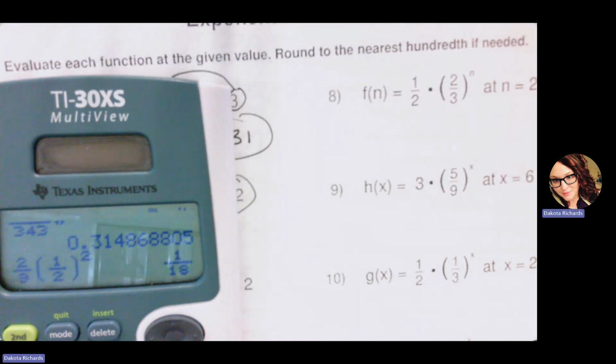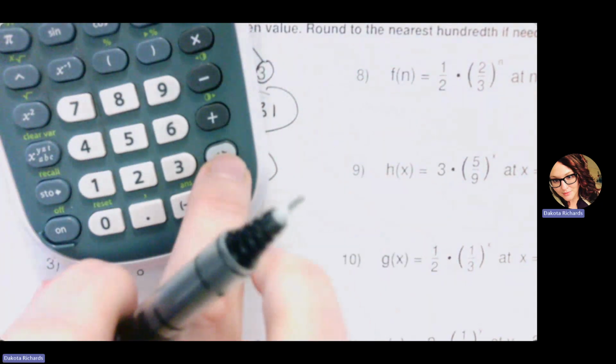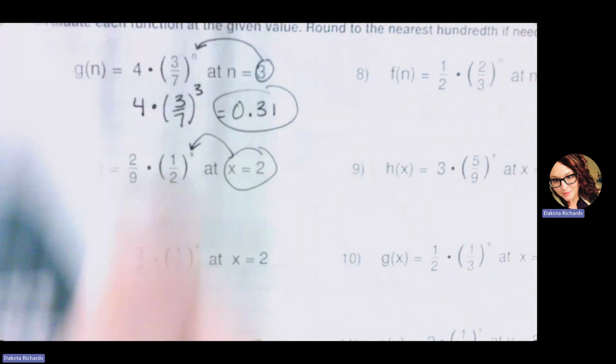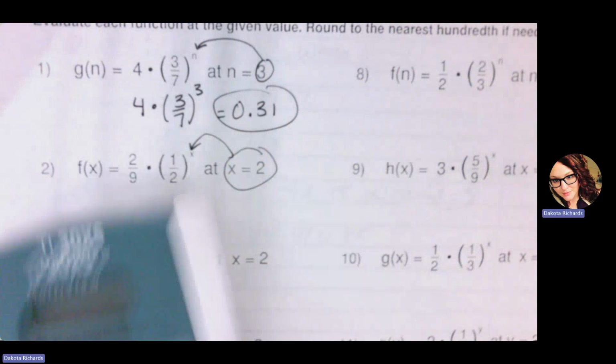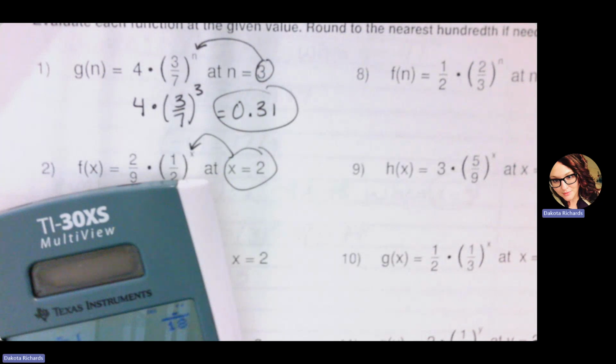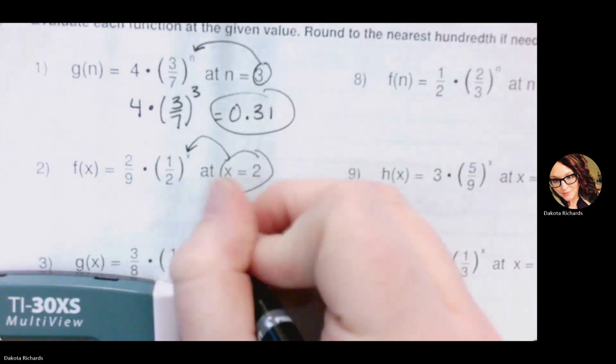You get 1/18, and then you have to remember to press this button right here to get your decimal, and you want to round to the nearest hundredth. Okay, so what do we have here? We have 0.0555555556. Okay, so 55 rounds to 60. So we're going to say this is 0.06.